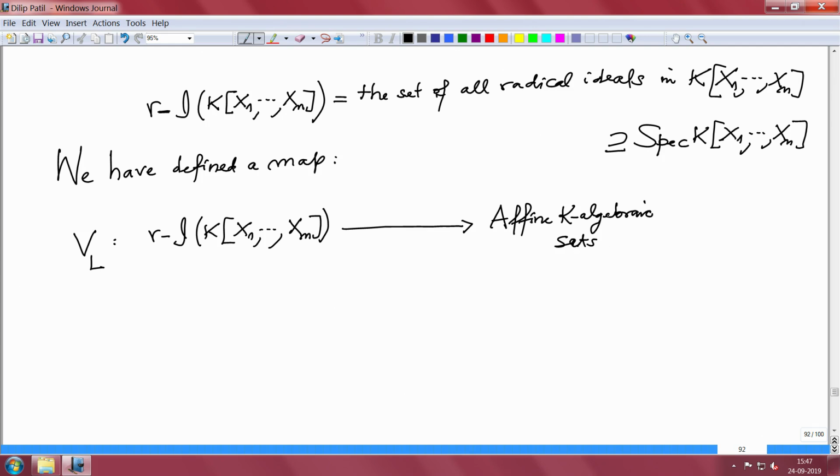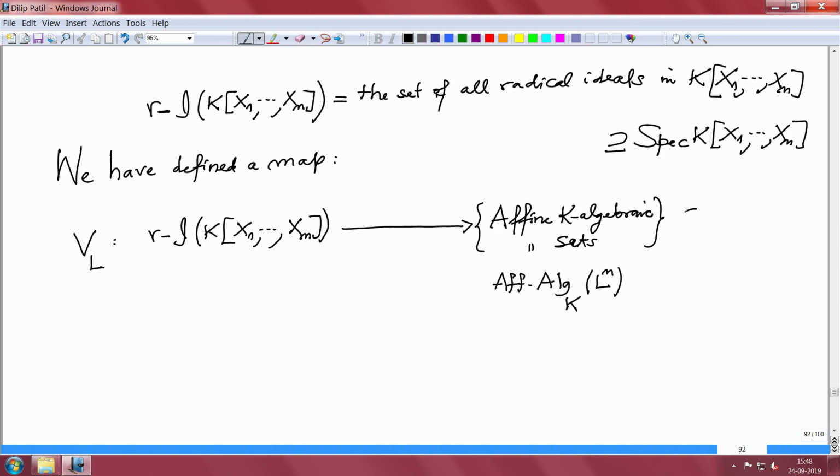And these are a subset of, so do I have a name for this? Yes, let us give a name for this also: Aff-Alg_K of L^n.